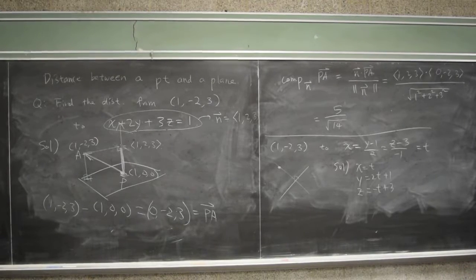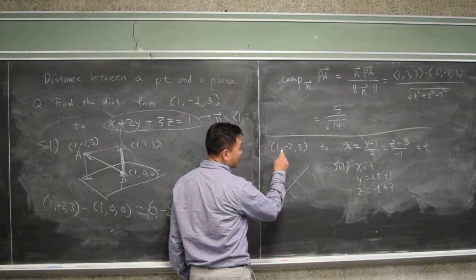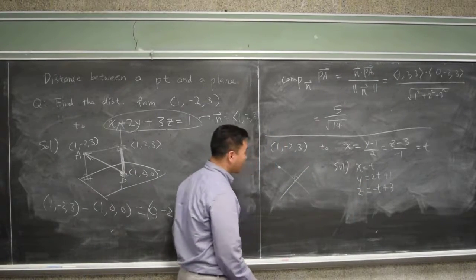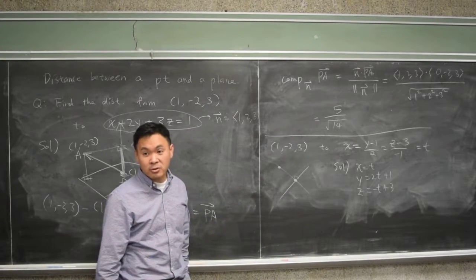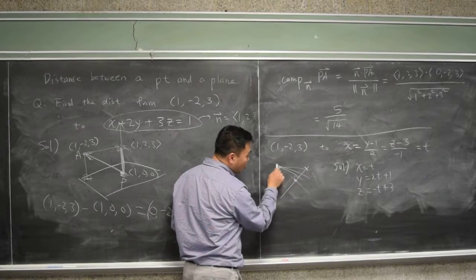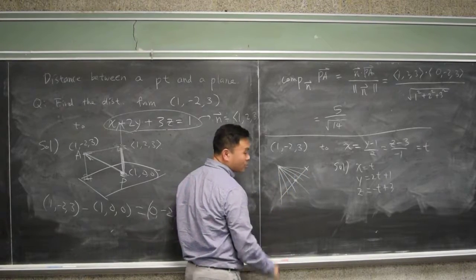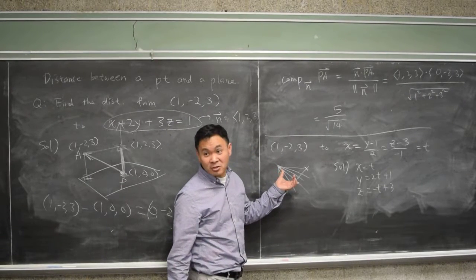And then think about it this way. It's basically measuring the shortest distance between this point and a point on the line. Right? That's what we're looking for. The shortest distance between some arbitrary point on this line. Among all the possible distances they can measure, the smallest one is actually called the distance, right?